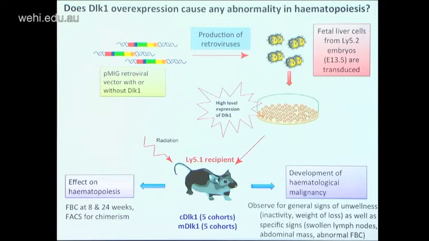I've done 5 cohorts of cDlk1 and 5 cohorts of mDlk1, and each cohort was 24 mice, with half getting the overexpression vector and half getting the MIG vector. I looked at these recipient mice at 8 weeks and 24 weeks, looking at the peripheral blood count and FACS for the donor chimerism. And I was also very interested in whether they develop any leukemia or any hematological abnormalities or any other signs of illness.